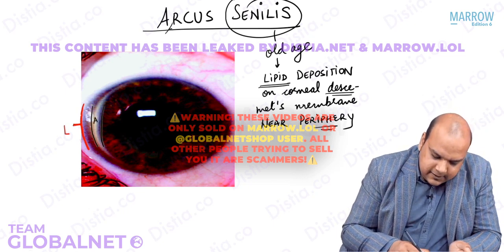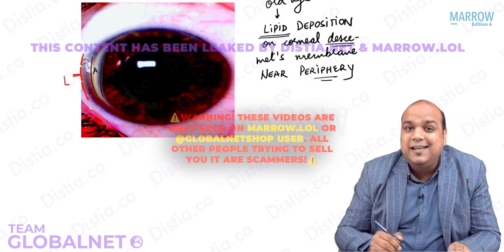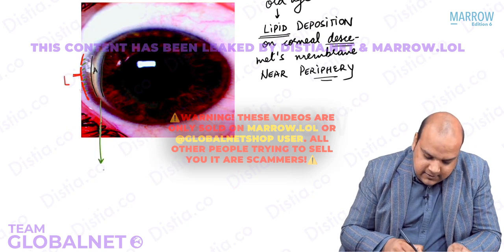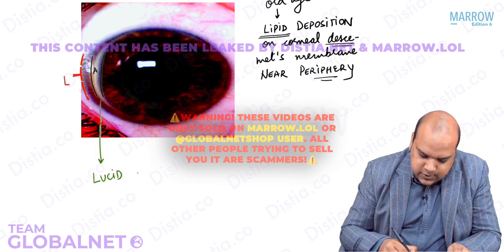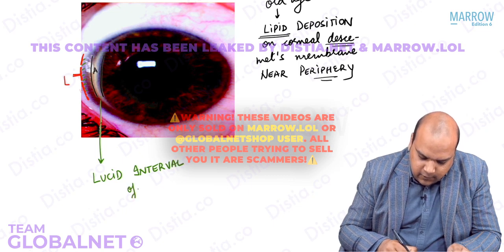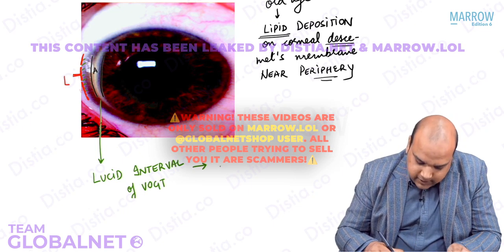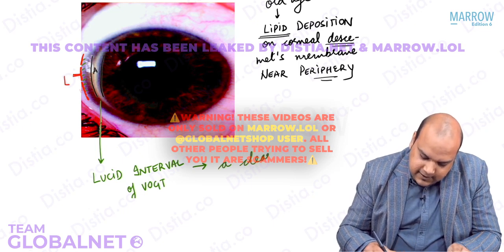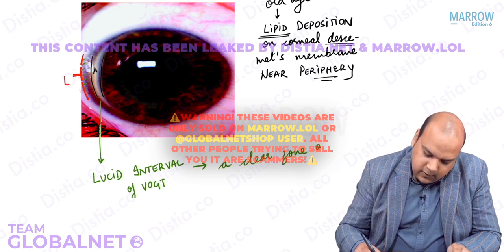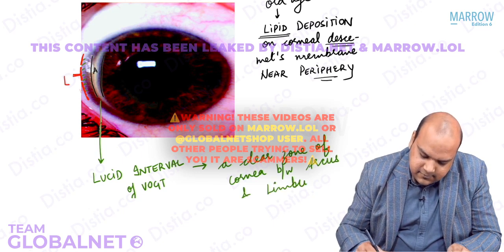Between the limbus and the arcus, this green area, everybody, is a zone of clear cornea. This zone is called the lucid interval of Vogt. The lucid interval of Vogt is a clear zone of cornea between the arcus and the limbus.